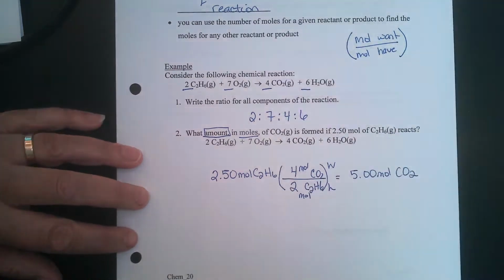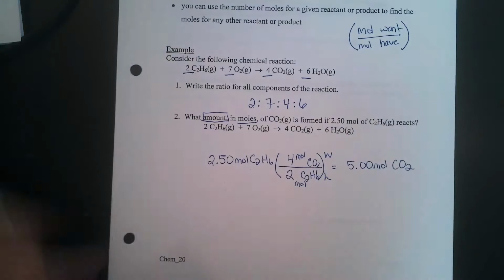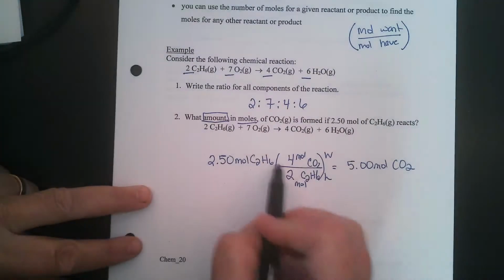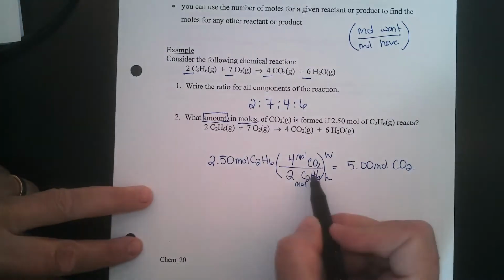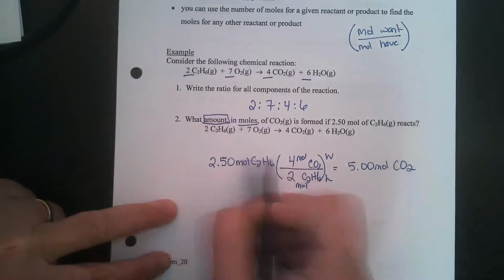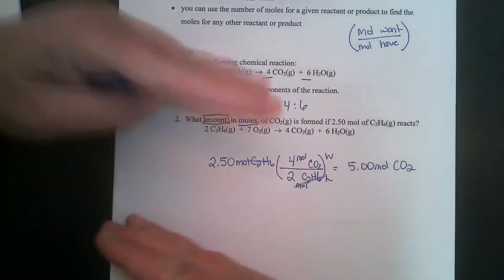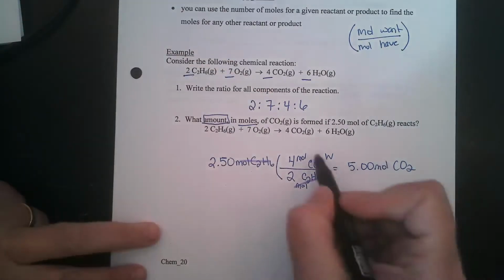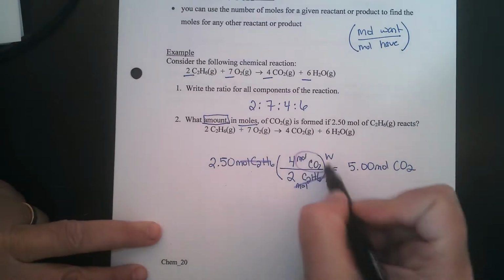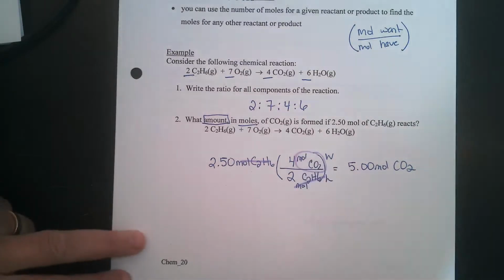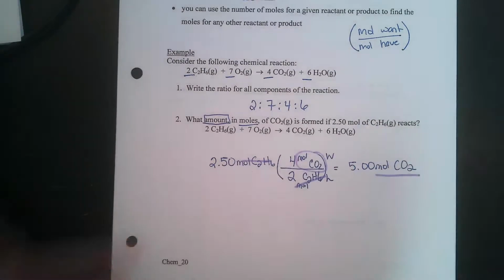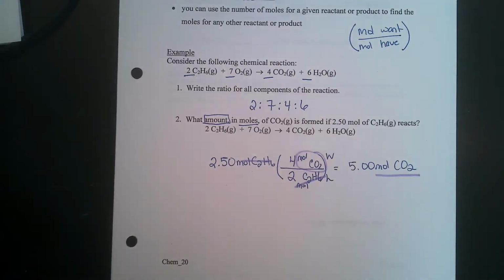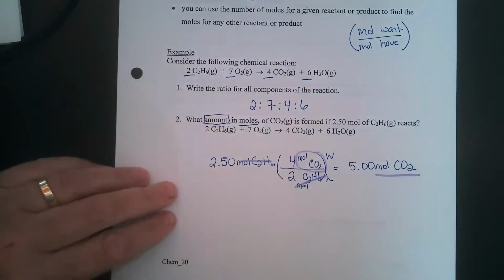And I'll show you how the units cancel out. So here I have moles of C2H6, and this is moles of C2H6. So those are going to cross off because they're on opposite sides of the fraction line. And then you can see that I'm left with moles of CO2. So that's going to be what's part of my answer. Okay?